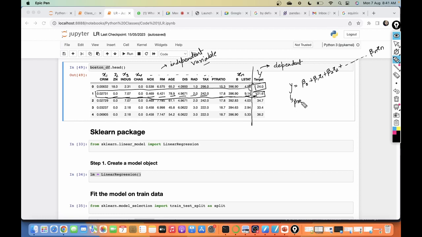And it will try to find the beta values in such a way that the error should be minimum. What is error here? Error is y actual minus y predicted. It should be very minimum.